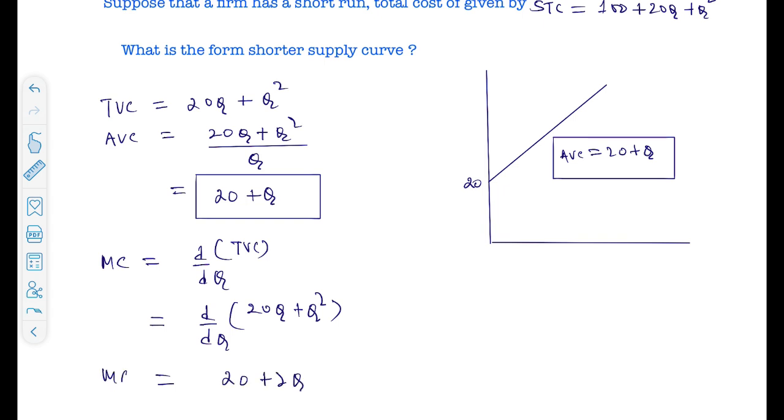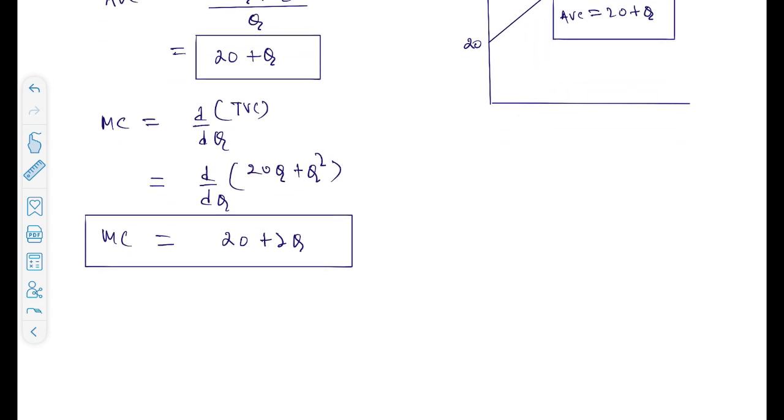So marginal cost is equal to 20 plus 2q.